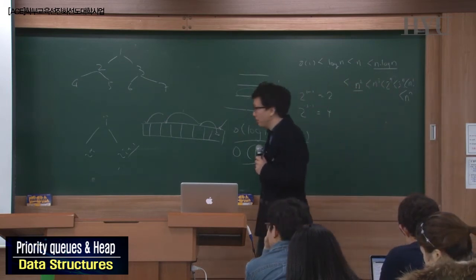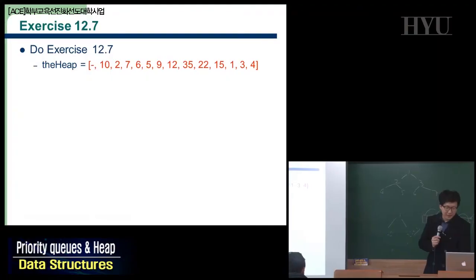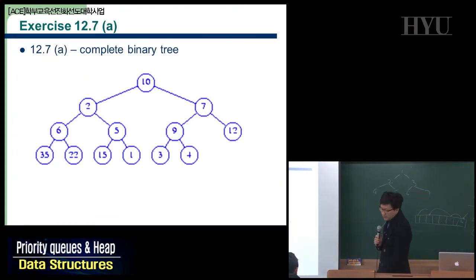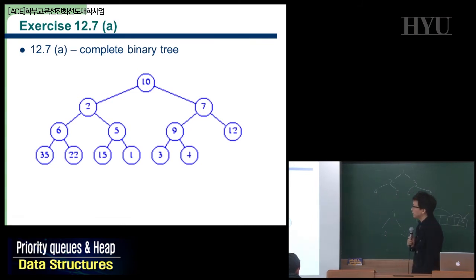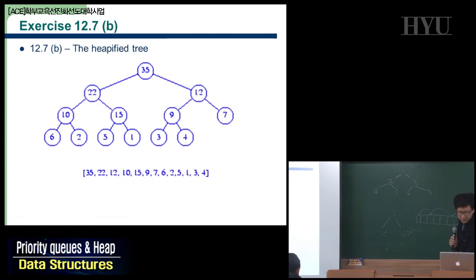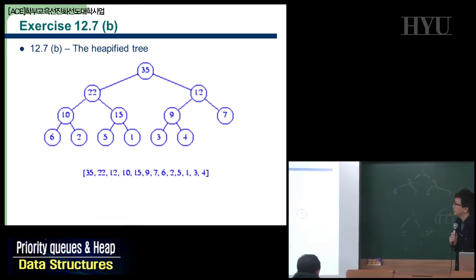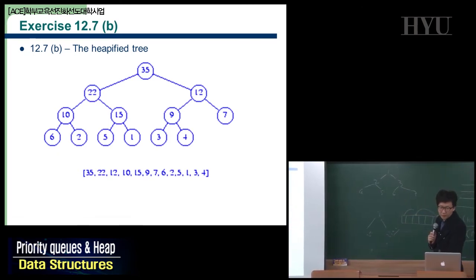This slide will come up later anyways. This is the heap we have: 10, 2, 7, 6, 5, 9, 12, 35, 22, 15, 1. Making heap. 뭐 어떻게 되는 거야? 12 and 7 switch. 바뀌어 계속 올라가는 거 보여주는 거예요. 35. The bigger numbers keep going up.